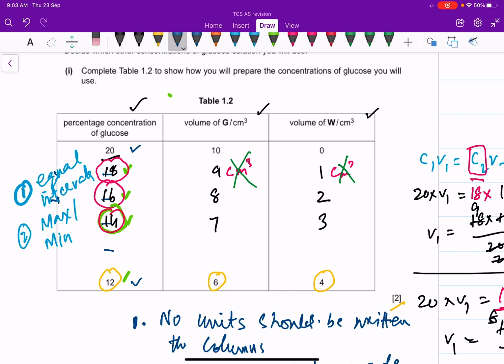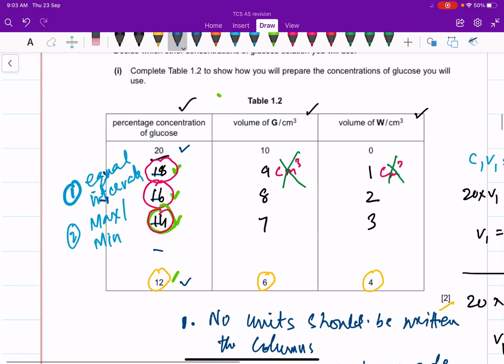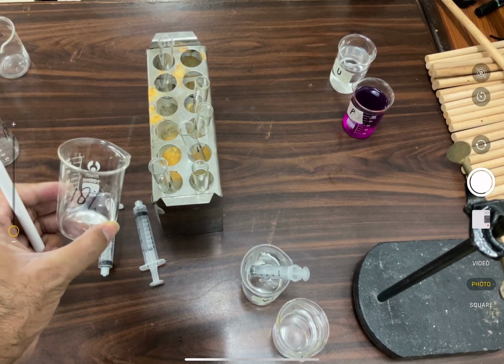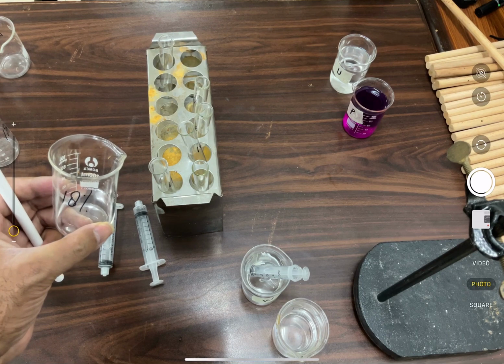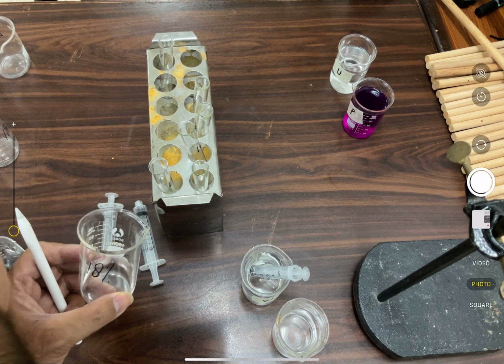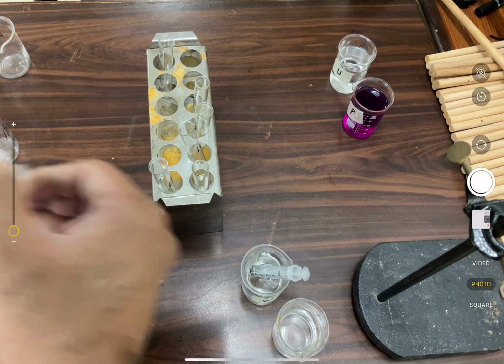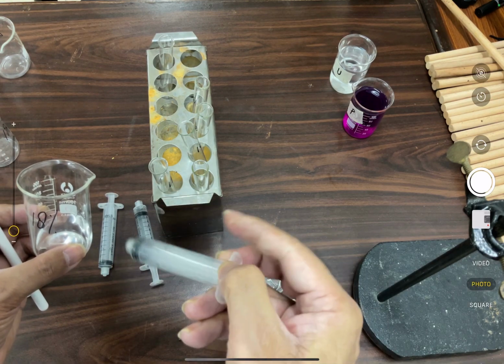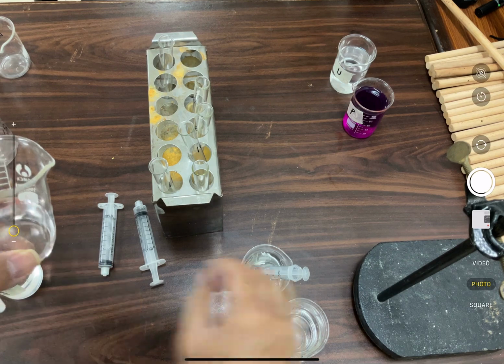So I'll put 1 cm cube of water into it. And so you see, this is 18% glucose solution that has been prepared by putting 9 cm cube of this G solution into it, and 1 cm cube of distilled water.